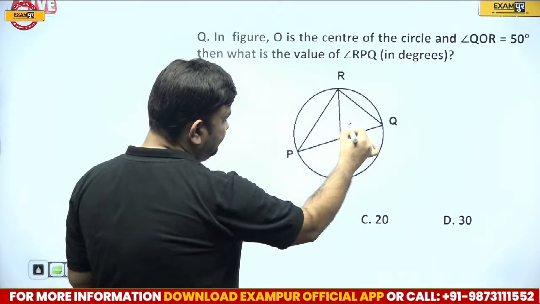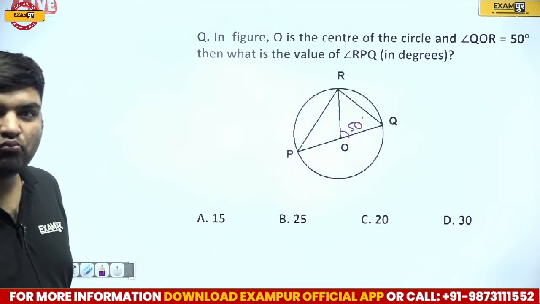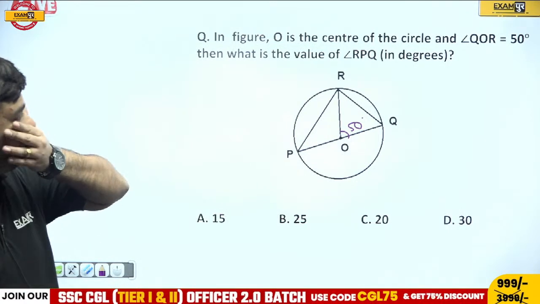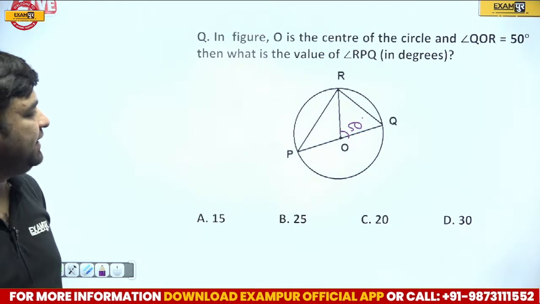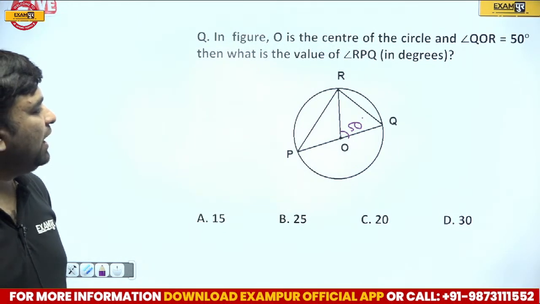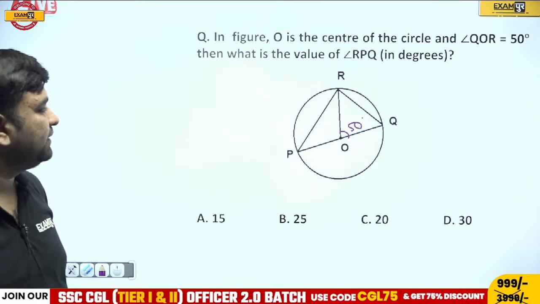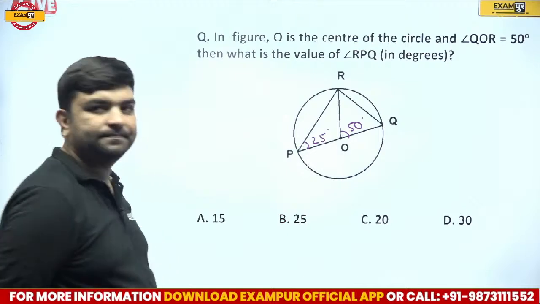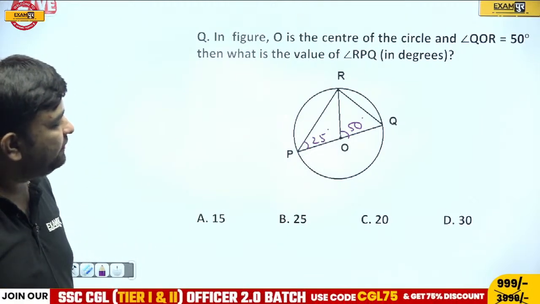QR is 50. If QR arc, or you can say RQ chord, is subtending 50 at the center, it will subtend its half, that is 25 degree at the circumference.